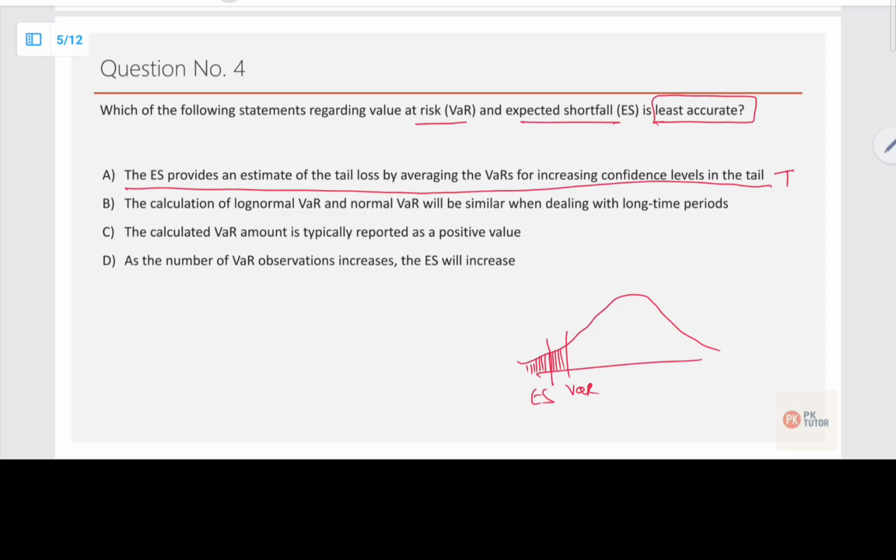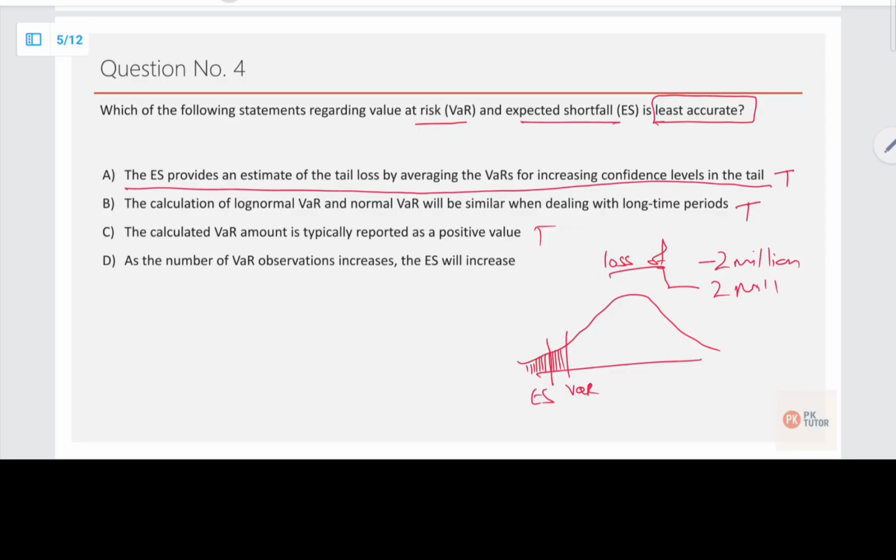The calculation of log normal VaR and normal VaR will be similar when dealing with the long time period. Yeah, this is also true. The calculated VaR amount is typically reported as a positive value. Yes, we know that it is a loss, so there is no meaning of writing a loss of minus 2 million. So we directly write loss of 2 million. So this is also true.